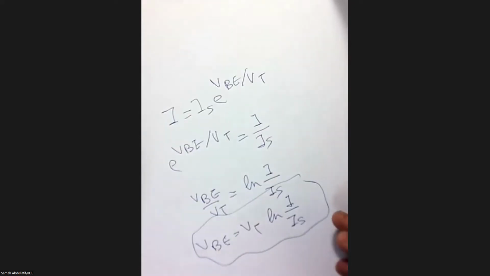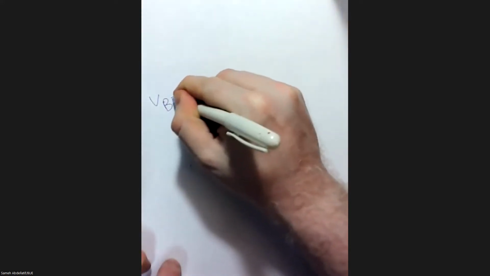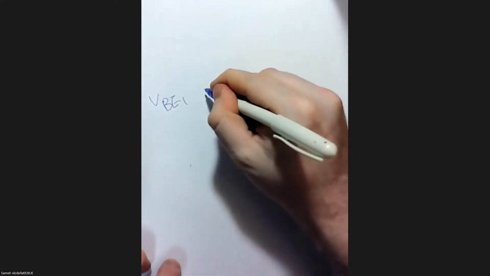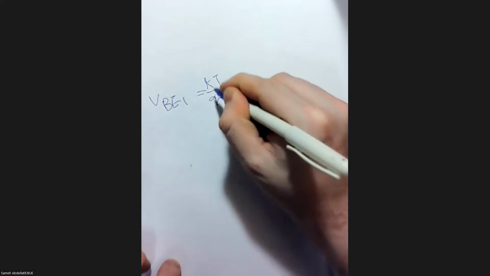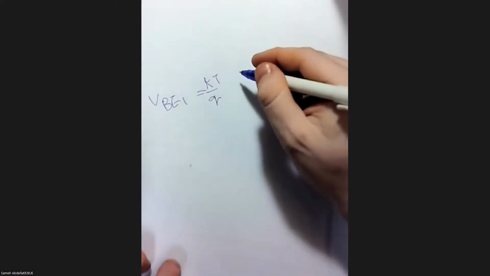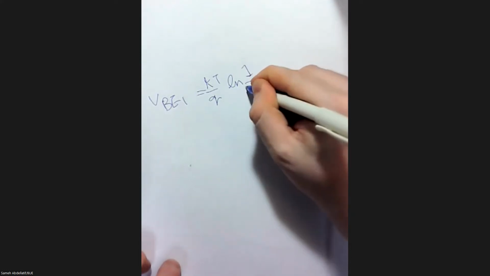Let's see. VBE1 equals KT over Q, or VT, both the same of course, ln I over IS.